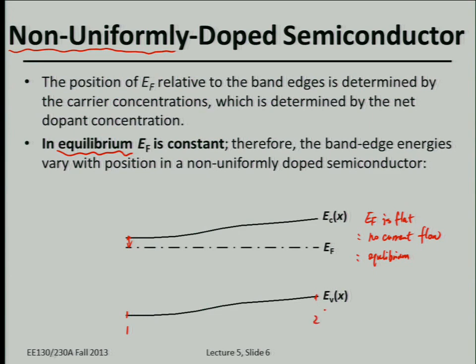That's why I said this semiconductor is fabricated by non-uniform doping, so that I have non-uniform electron concentration from the left to the right, from position 1 to position 2. At position 1, I have higher electron concentration, and at position 2, I have lower electron concentration.